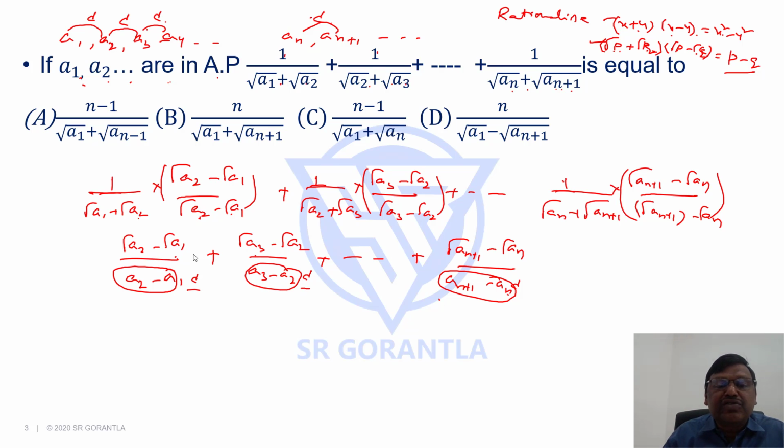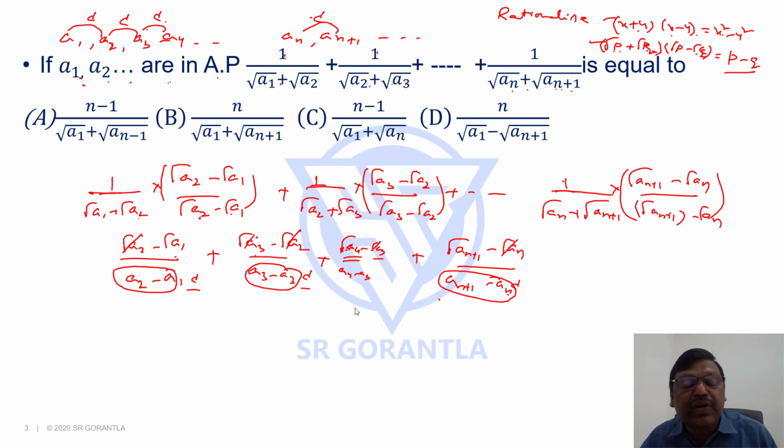When you simplify the numerators, you can see here plus root a2 minus root a2 will get cancelled. The next term you would have had minus root a3 plus root a3. In the next term you would have had root a4 minus root a3 by a4 minus a3. Everything will get cancelled up to root an.